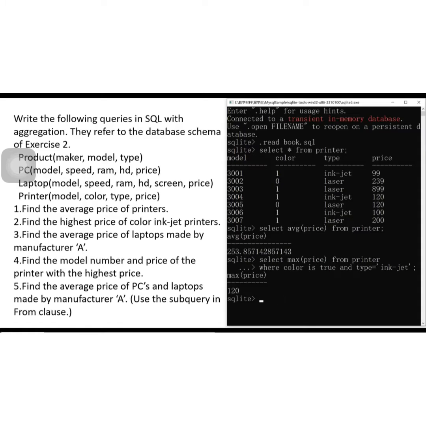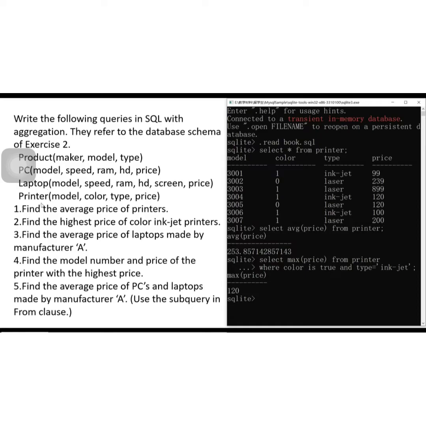Okay, and next one, find the average price of laptops made by A. Laptops made by A. We can find this information from product, and the average price of laptop. The prices of laptops are stored in laptop.